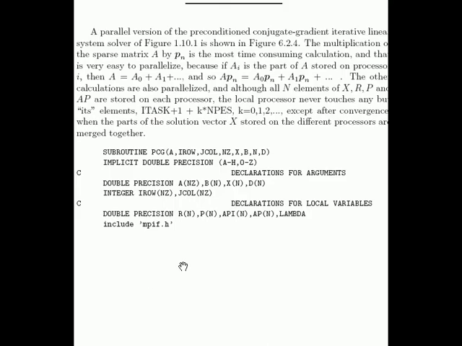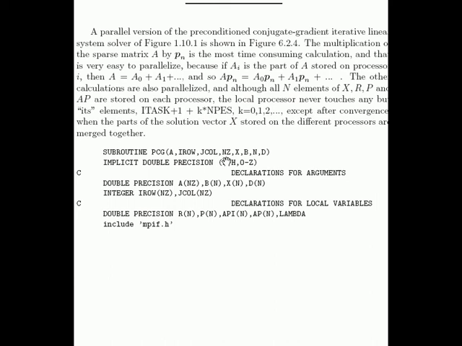Okay, I also have a routine in the book that's a parallel version of an iterative linear system solver, and this is very different. We assume that the matrix is stored in sparse matrix form, that is, there are NZ non-zero elements in the matrix, so it's not stored as an n by n matrix. Only the non-zeros are stored.